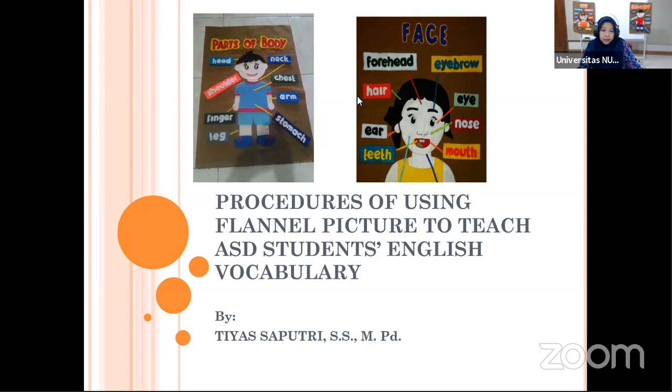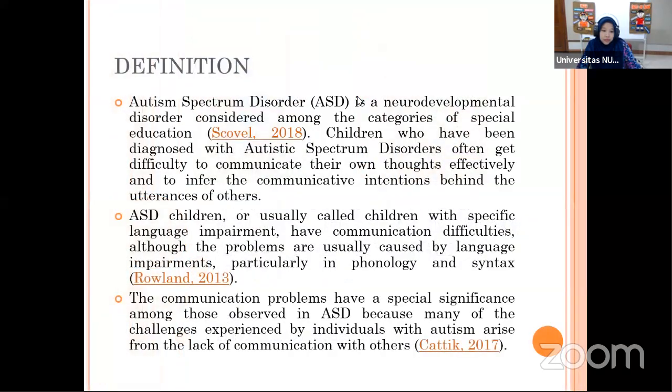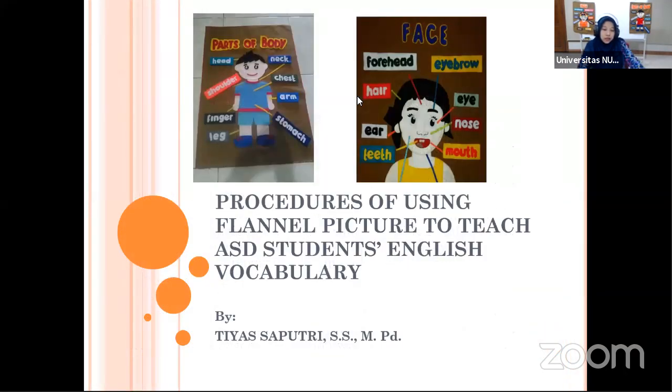Because in the elementary school curriculum, the content is about learning parts of the human body, including learning about the human face. Therefore, today I'm going to tell you about the procedures of using these flannel pictures to teach ASD students English vocabulary.